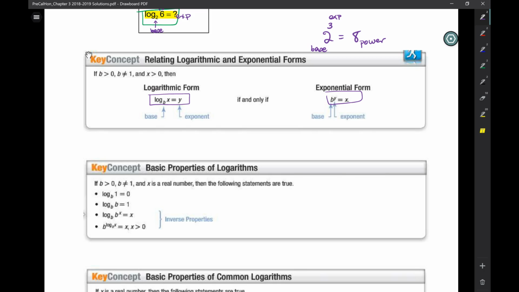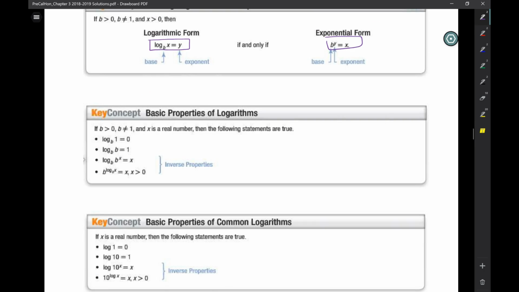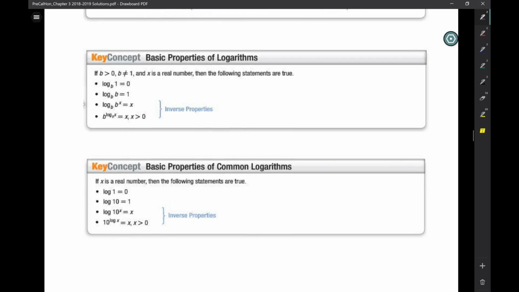If the answer to a logarithm is an exponent, then it makes it so much easier for us to remember the properties of logarithms. Again, I don't want to see anybody memorizing any of these properties, because if you've memorized, it doesn't mean anything. You've got to understand. When you understand, you will never forget. Okay? So here we go.